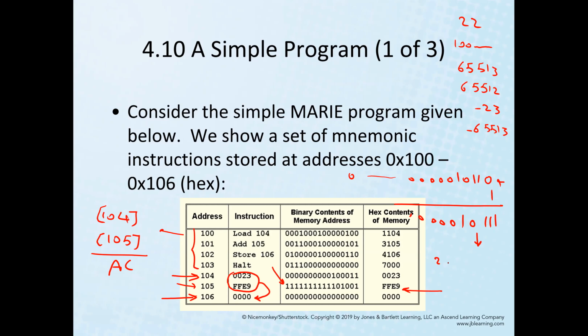It is 1 plus 2 plus 4 plus 16, which is 23. And because the number is negative, the answer is negative 23. So the answer given by one of you is correct, and it was negative 23. So we add 23 with negative 23. What is the result? Of course, it's 0.